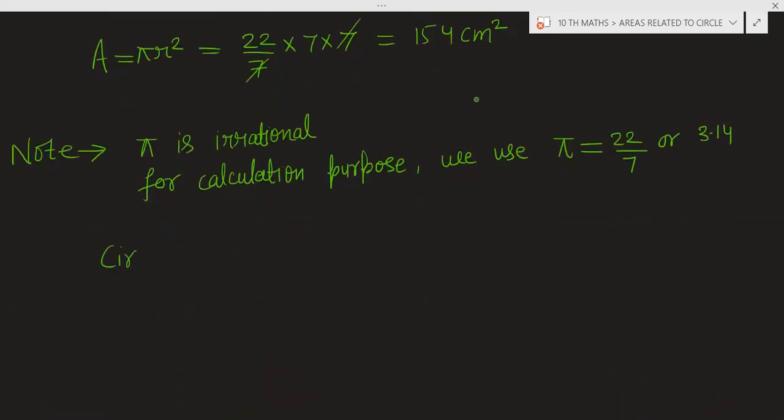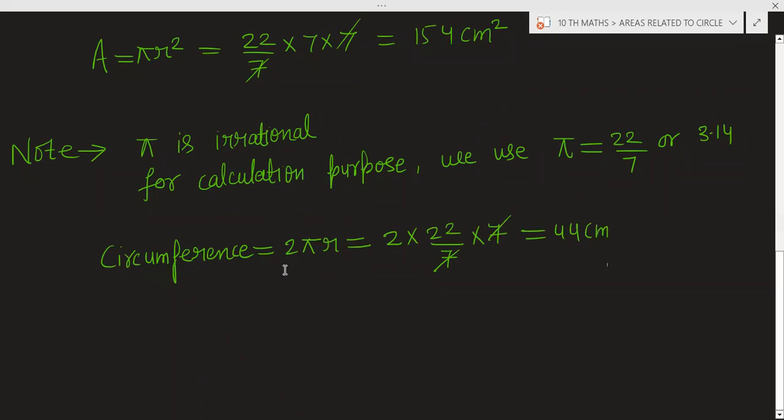Now perimeter or circumference. Circumference is equal to 2 pi into r. So put the value 2, and pi is 22 by 7, and radius of the circle is 7. So it will become 44 centimeter only.